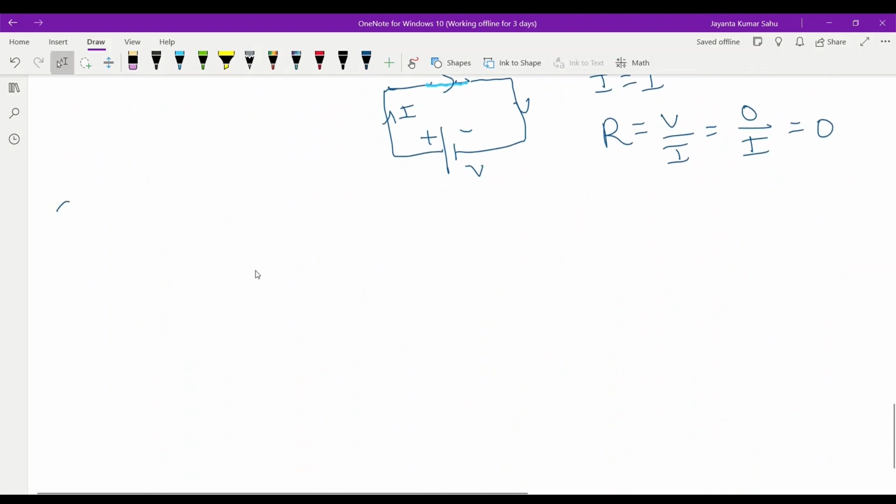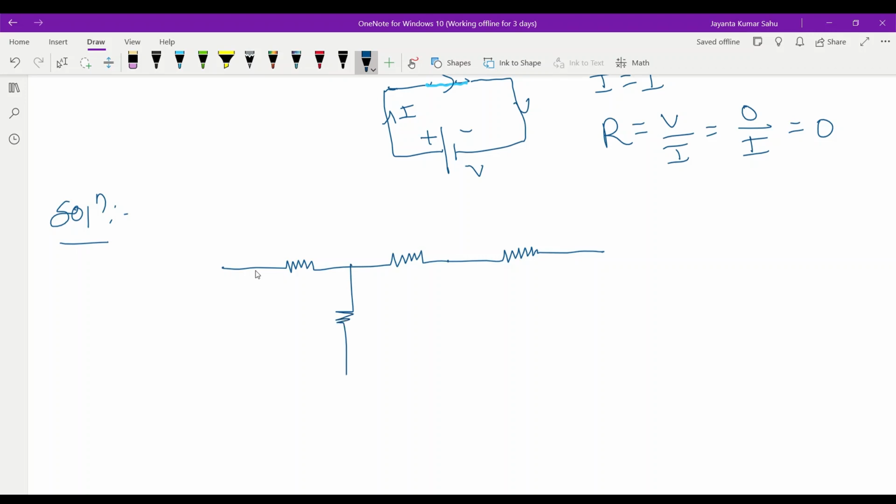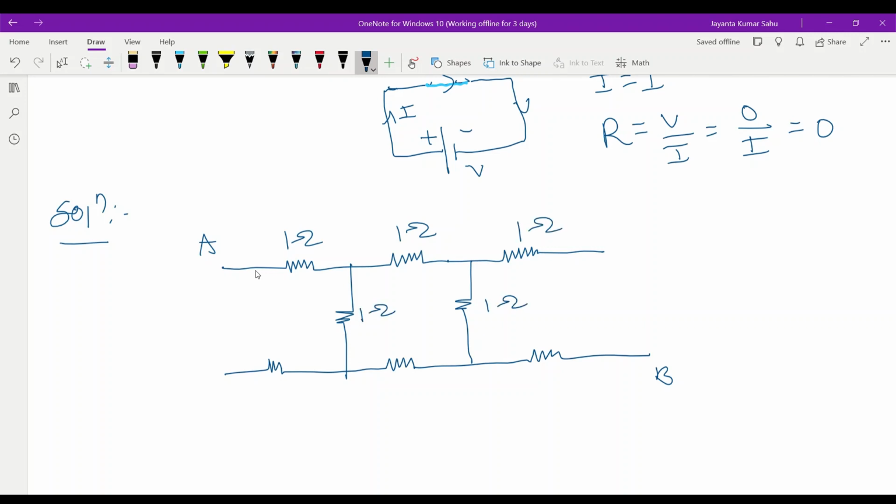Solution. Here we solve this problem now. Here A and B, 1 ohm, 1 ohm, 1 ohm, 1 ohm, 1 ohm, all values are 1 ohm.